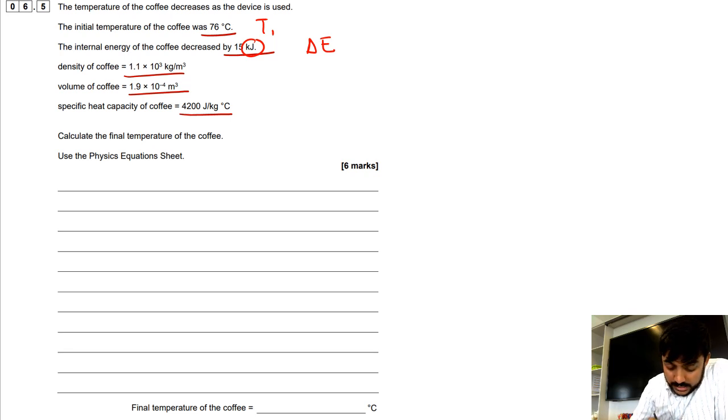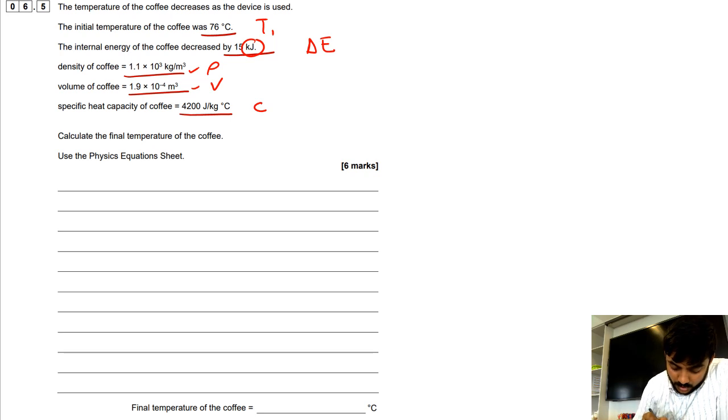The volume is also in meters cubed, so these two values can be used together. So that's density, that's volume. And here we have joules per kilogram per degree Celsius as the specific heat capacity, using the symbol C.